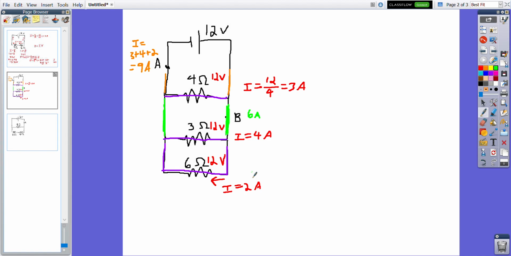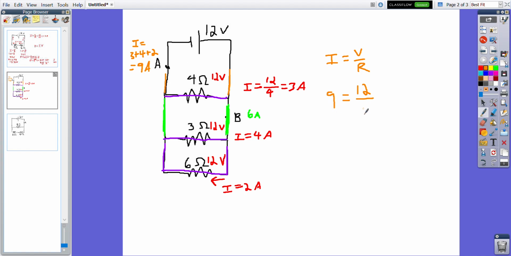Now to find total equivalent resistance, all right, there's 2 ways to do that for parallel. So one way, once again, is to use the total voltage and the total current. I'm going to use orange here because that's what I use for the total current there. If you use I equals V over R, and if you're going to find the total resistance, you always want to use the total voltage, in this case 12, and you always want to use the total current, which in this case is going to be the main trunk current, all right?